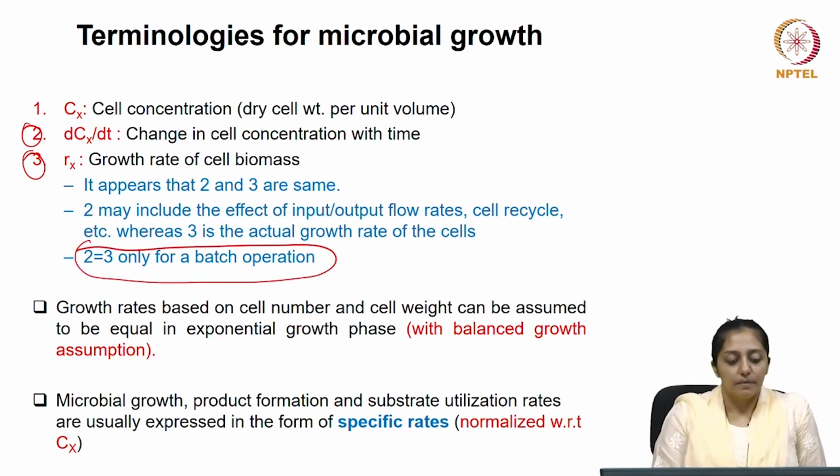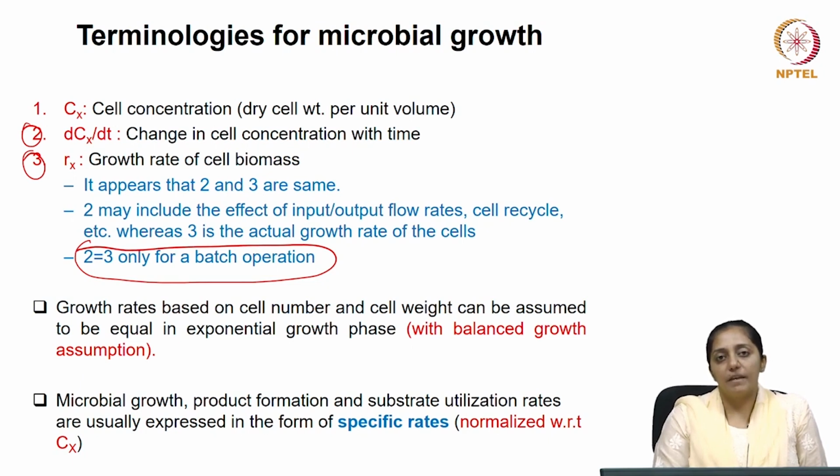Let us prove it. Now, growth rates which are based on cell number or cell weight can be assumed to be equal in the exponential growth phase, because we can assume balanced growth during this phase. Now, microbial growth, product formation and substrate utilization rates are usually expressed in the form of specific rates.